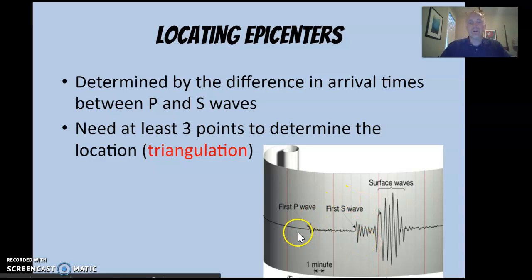When you have a seismogram, you don't know exactly where the earthquake occurred. What it tells you is how far away the earthquake occurred. We can use an analogy that hopefully you're familiar with, and that is between lightning and thunder. We know that lightning travels faster than the sound of thunder.